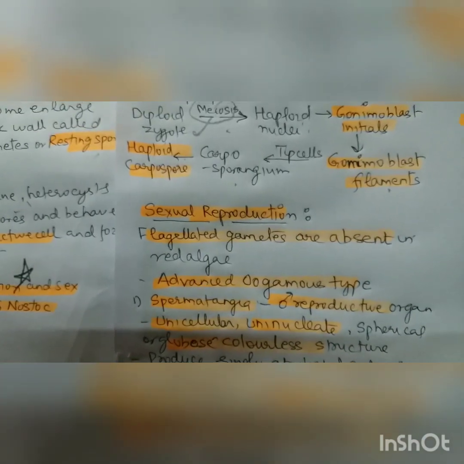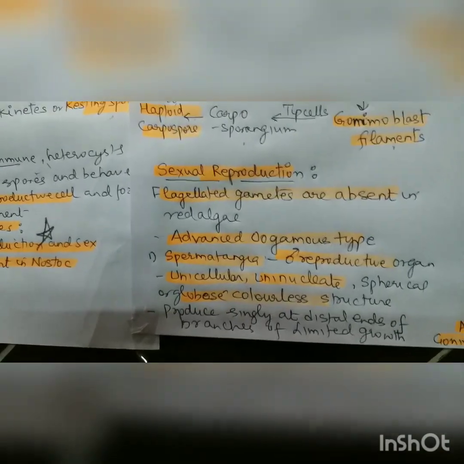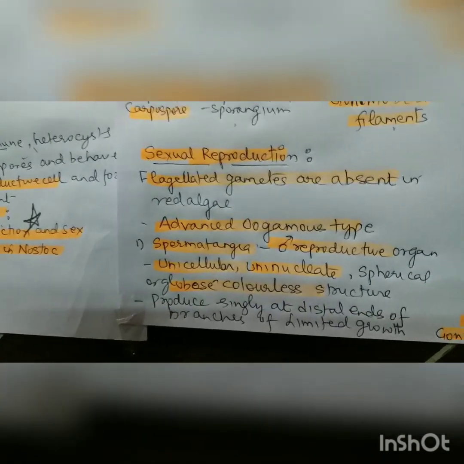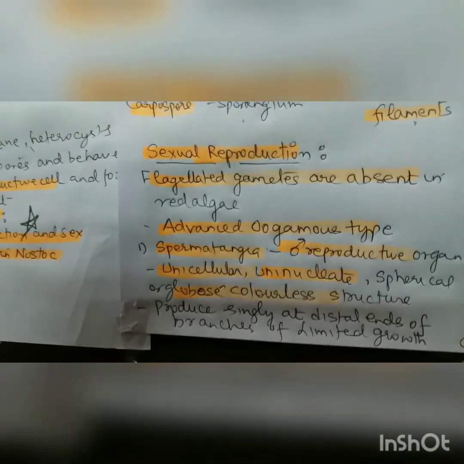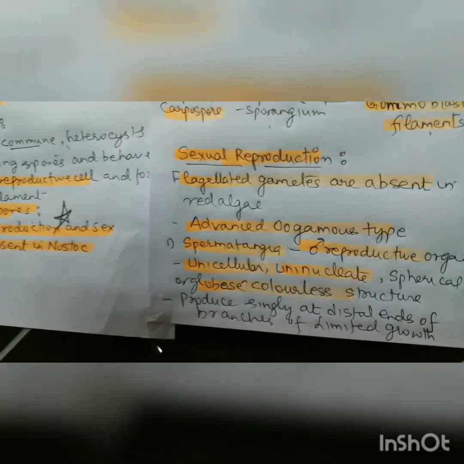So then we are coming to the next part, that is sexual reproduction. In sexual reproduction, the flagellated gametes are absent. If you remember, in my first lecture, I told you that in advanced oogamous type, only in case of Rhodophyceae, the flagellated gametes are absent.